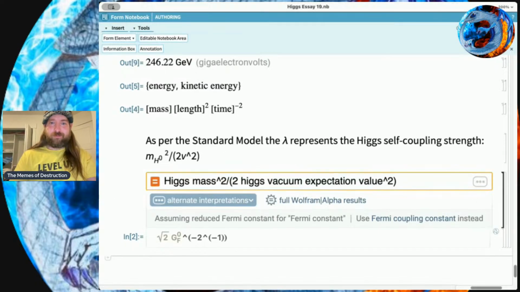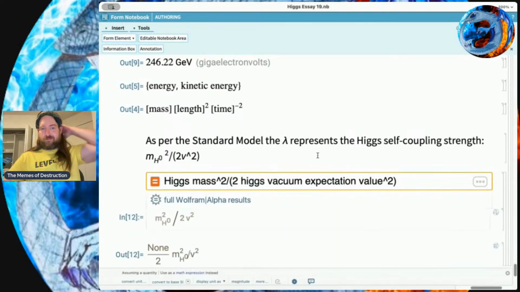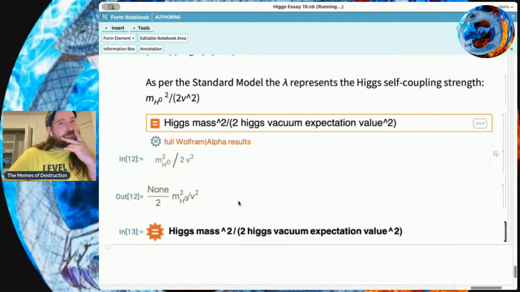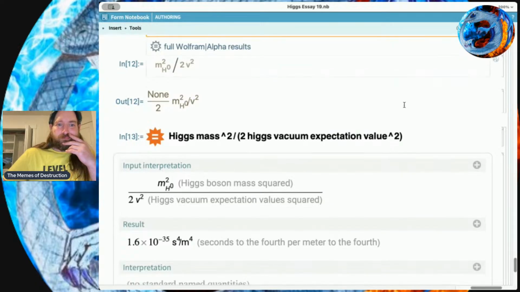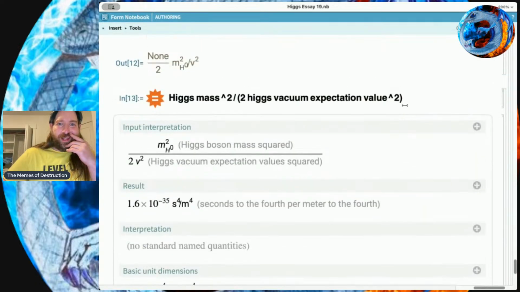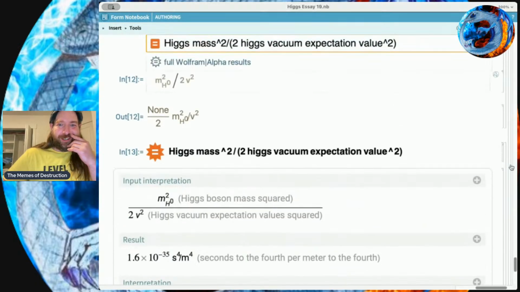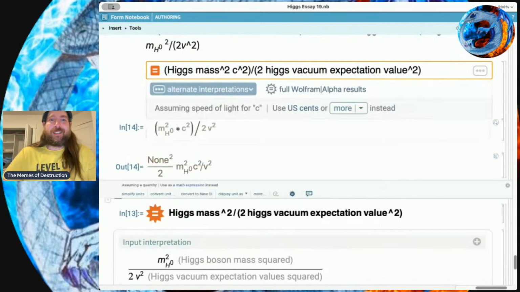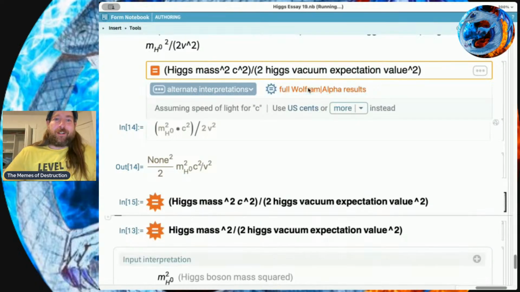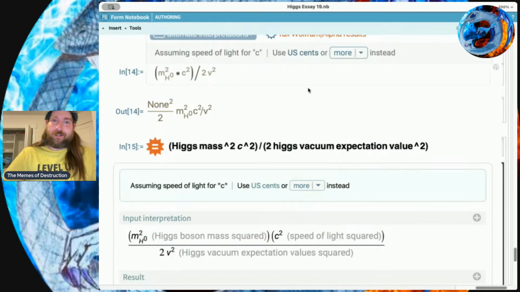Oh, compute. Oh, that did not work. Okay. It's v squared. V squared is required unless I want to divide that by energy. Oh, it's better. User error, of course.